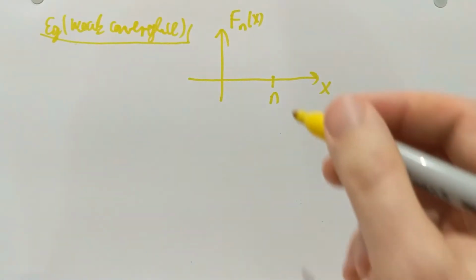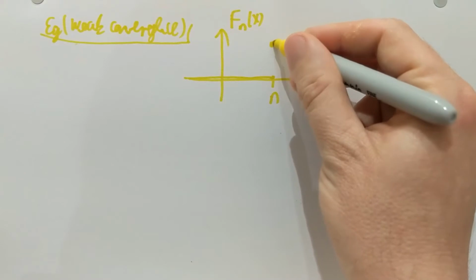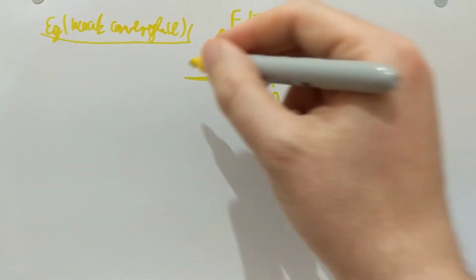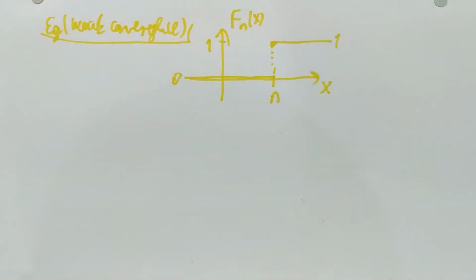It has to be continuous from the right, and so it's going to have a jump at n. It jumps from 0 to 1 at n. It's a very simple distribution because it just tells you that X is equal to n with probability 1. But in fact, what I did is a distribution function for all n's.